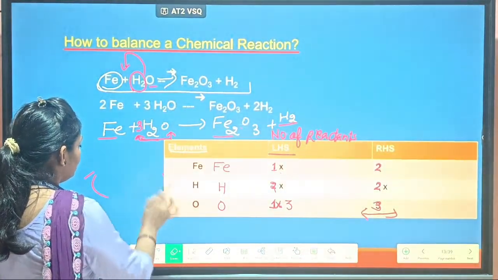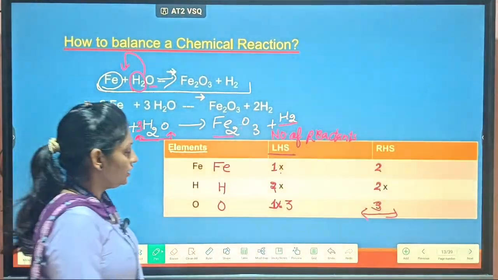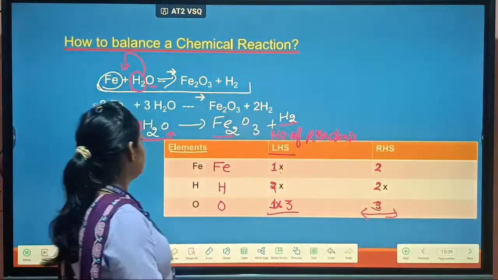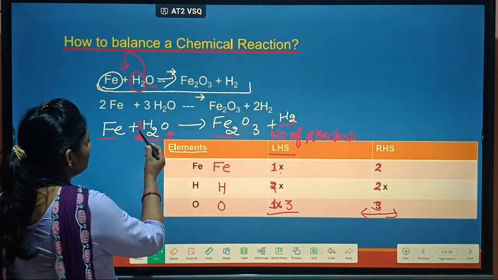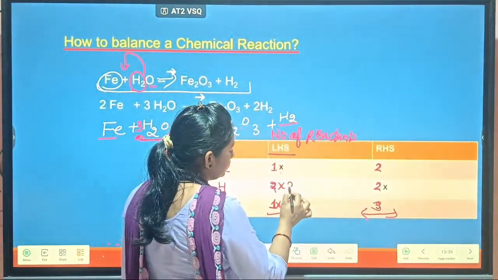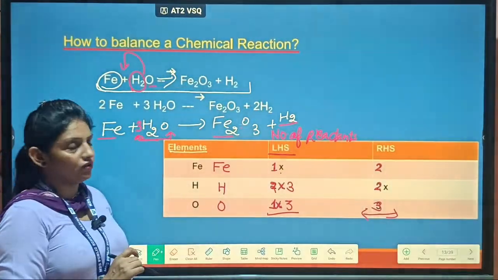Then students, further you will see the total number of atoms. Now the number of oxygens is 3 here and 3 here. But hydrogen is 3 times 2, that is 6. In the reactant side we are multiplying hydrogen also because it is a complete formula.